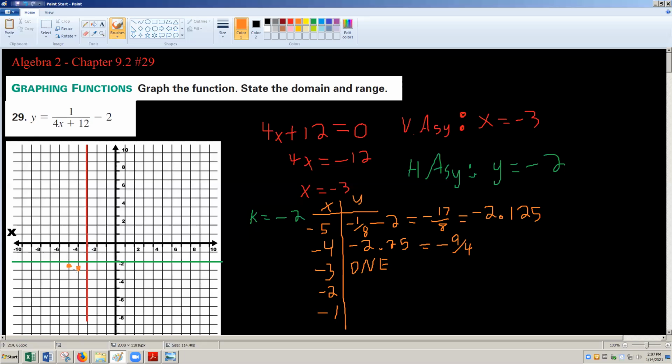But basically what's happening is that it's going kind of up to the left, and I'm going to approach but not actually touch that green line there. And I'm going to do the same thing, approach but not actually touch the red line there. So I've now graphed the left half of my hyperbola here. Next, I'm going to go over to these 2 points, negative 2 and negative 1. I'm plugging those in just the same way. I'm just going to use the decimals here.